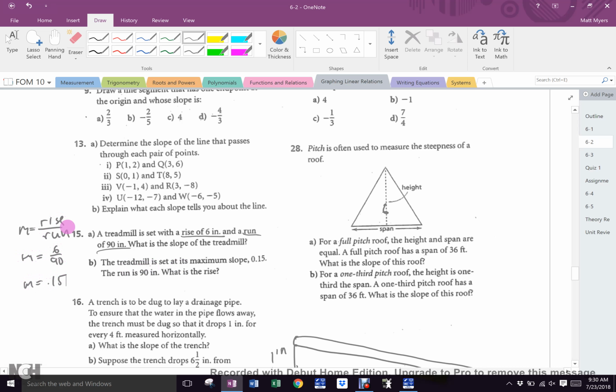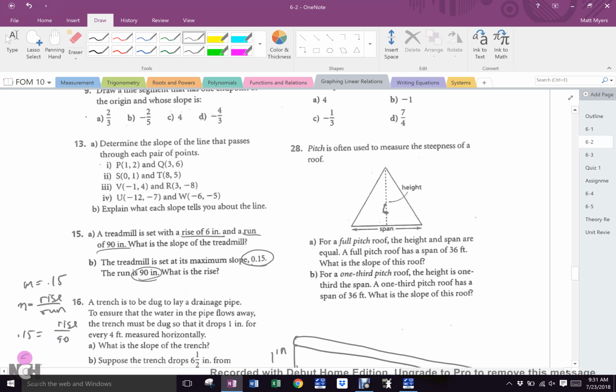Now, I lie. I read the question wrong. So now my slope is that. My run is 90. Right? So, M equals rise over run. I know my M is 0.15. My run is 90. So I need my rise. How do I find that? Just like in trig, numbers on the bottom, so it's multiply, right?